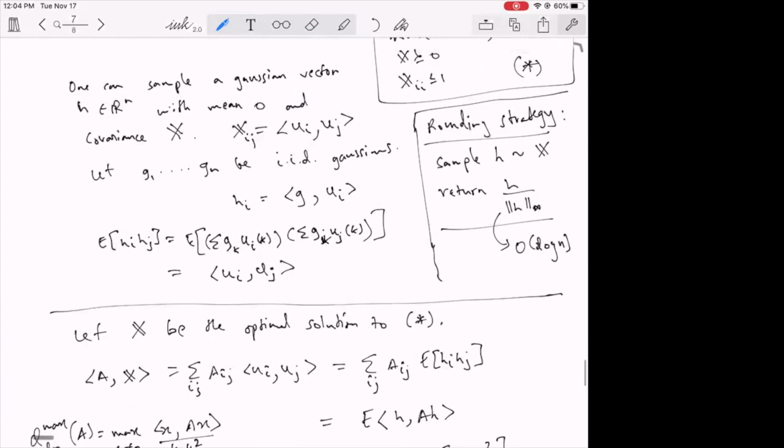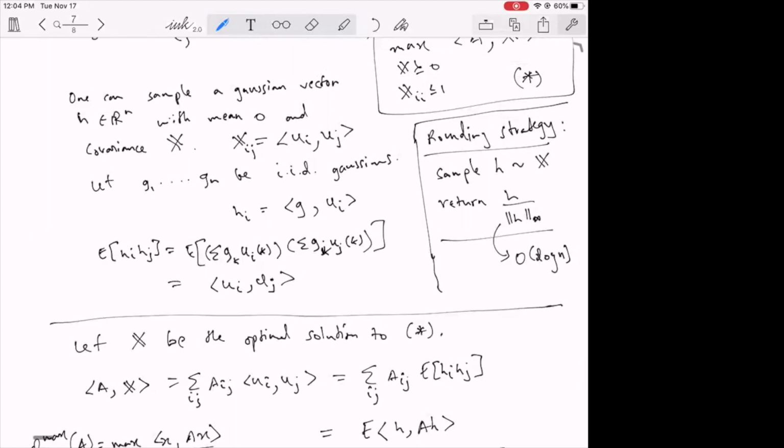Yeah, and just a reminder, the rounding strategy implicit in this argument is that you take the optimal solution bold X, you sample a Gaussian according to that covariance, and then you normalize it. So you want this vector to be in the hypercube. It's not in the hypercube necessarily, so you divide it by its maximum entry, and the maximum entry is going to be square root log n with high probability.